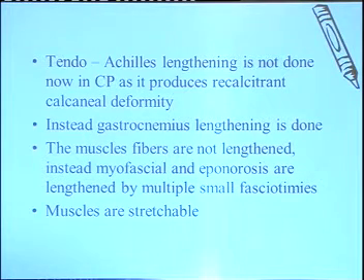Tendo-Achilles lengthening. Equinus deformity: everyone says tendo-Achilles, equinus, do a tendo-Achilles lengthening. No, in CP it is not done because it produces a recalcitrant calcaneal deformity. Instead, gastrocnemius lengthening is done. The muscle fibers are not lengthened because they are elastic.